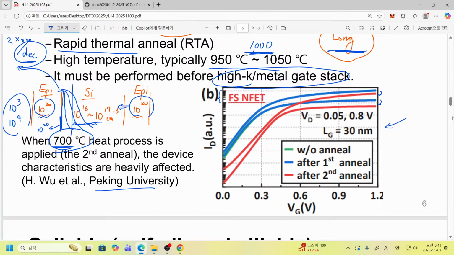Once you make the high-K gate stack, never apply any higher temperature to your device. So that is quite important.